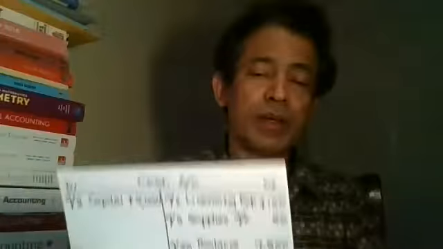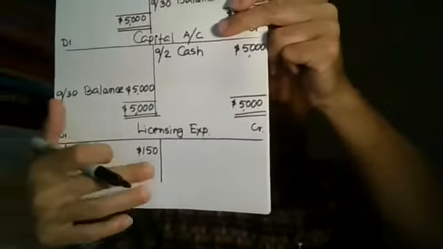And then I come to my licensing expense. All it has is one item, 150. So that would be my balance, 150. If you have only a single item, then don't bother balancing, because that would be the obvious balance. If I have just one book, then that's my stock of books.